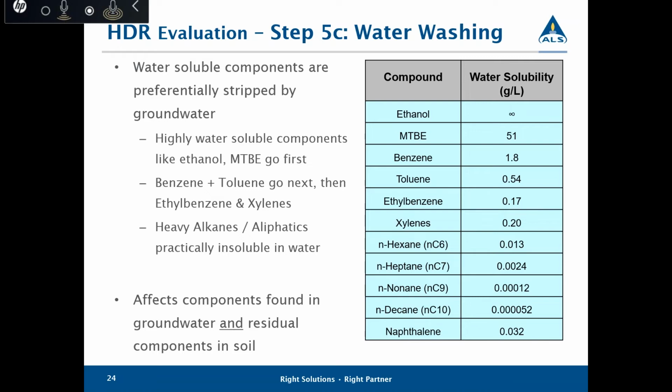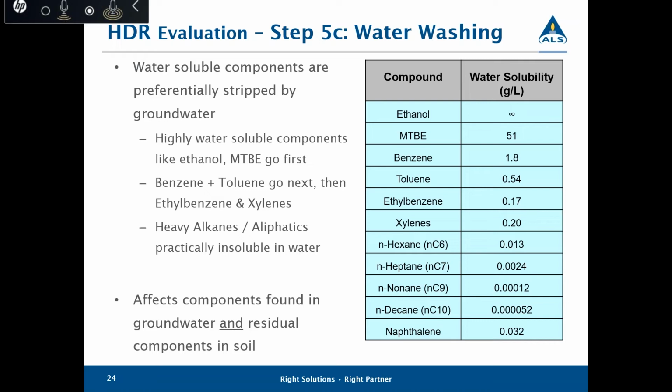The chart in this slide shows the water solubilities of some compounds that are commonly found in petroleum products like gasoline and diesel. And so obviously ethanol and MTBE will wash out first, followed by benzene, toluene, ethylbenzene, and xylenes. The heavier alkanes and aliphatics are practically insoluble in water, and they will stay.